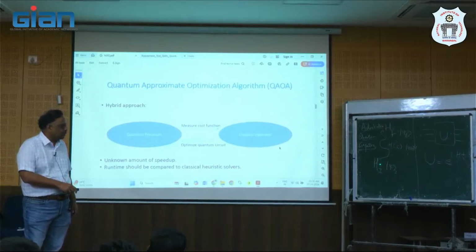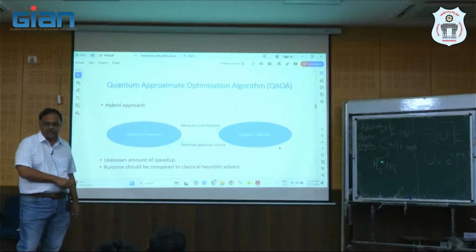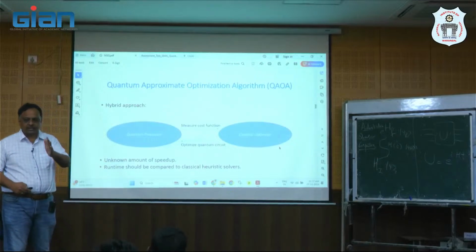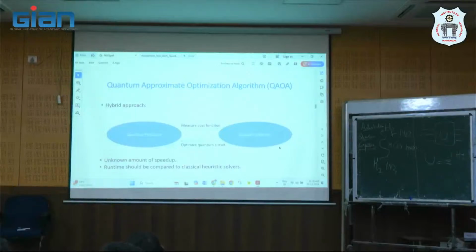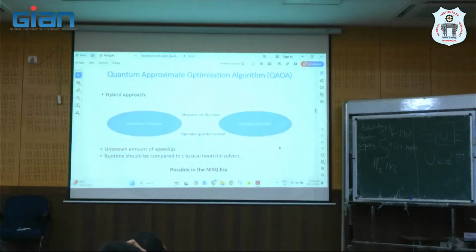This is H naught, this is H final. In between you have H(t), but you slowly change it. When you're doing slow changes, it is adiabatic. Now, because this is a hybrid approach, it is possible in the NISQ era, correct? So again, people are trying to explore QAA type algorithms in the NISQ era.